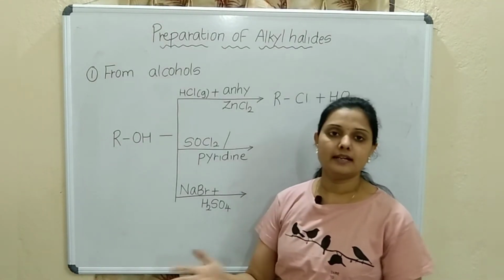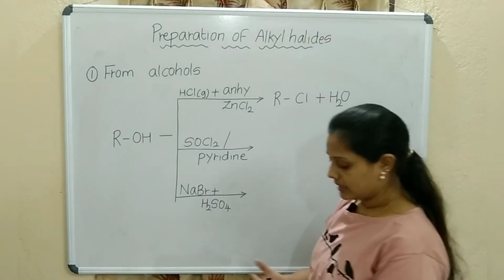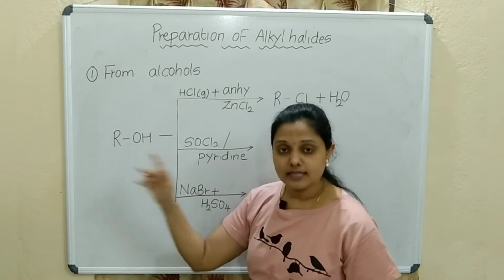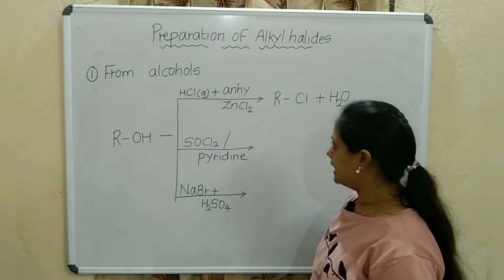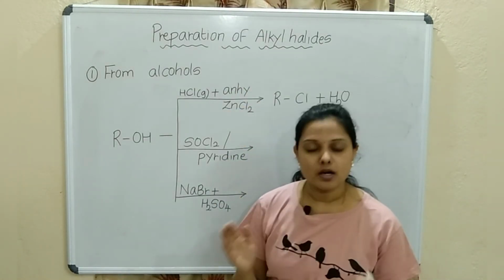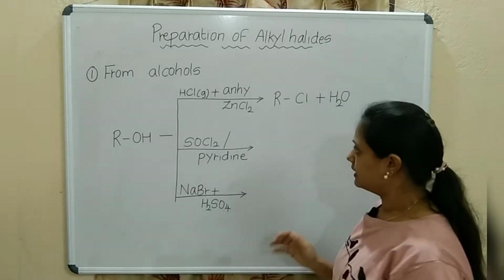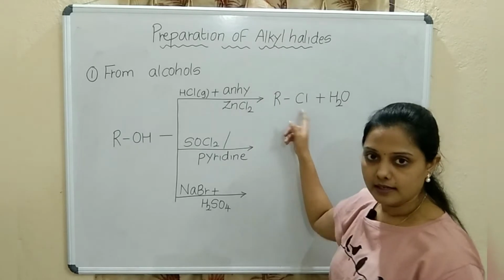Directly the reaction can take place at room temperature itself. So if alcohol is primary or secondary, then we require this catalyst. Tertiary alcohols do not require this catalyst. Correct? So we are forming RCl. What are we preparing? Alkyl halide.